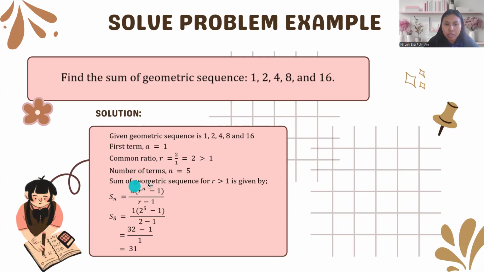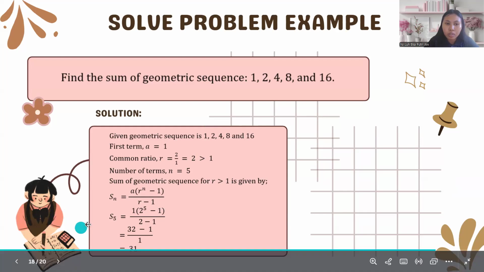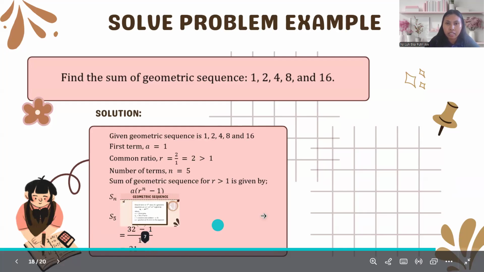The sum for r greater than 1 is given by this formula. So we get S sub 5 is 1 times 2 to the power 5 minus 1 over 2 minus 1, and in the end we get 31.